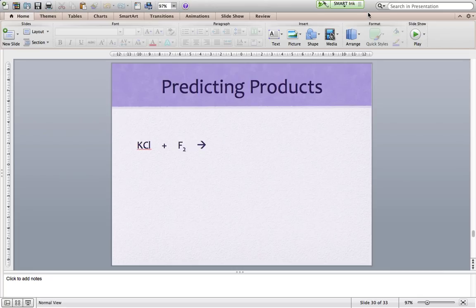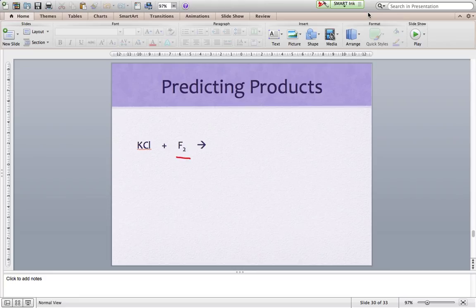Our final example for single replacement reactions is, I put this one in here because I want you to know that there are reactions that involve anions swapping spots. So remember, as I said, always start by looking at the element on its own, fluorine. Fluorine, when it forms ions, it gains an electron to form fluoride.